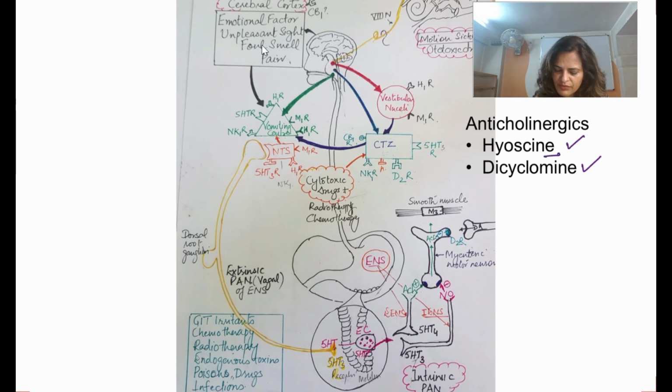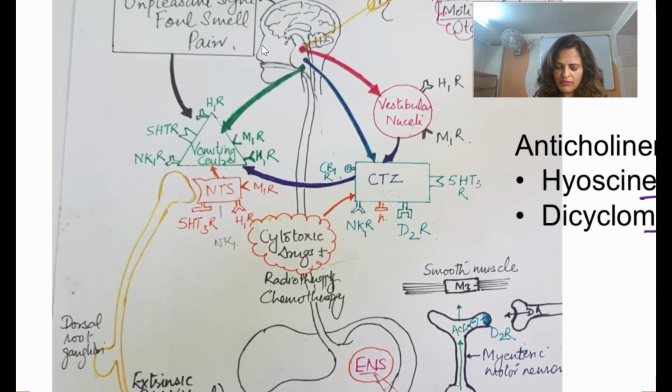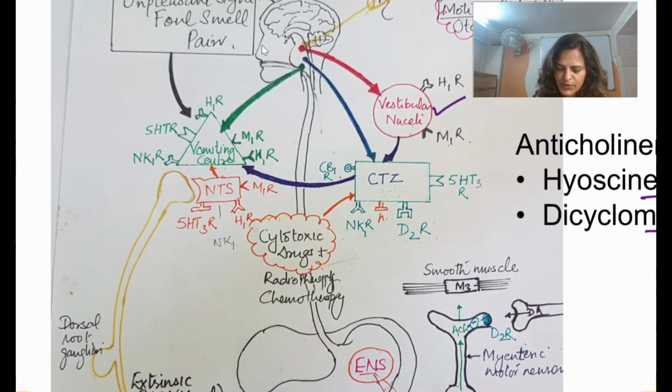Now where is M1? We can see in this figure M1 in the vestibular nuclei and M1 in the vomiting center. So they are going to block these M1 receptors here in the vestibular nuclei and in the vomiting center, right?